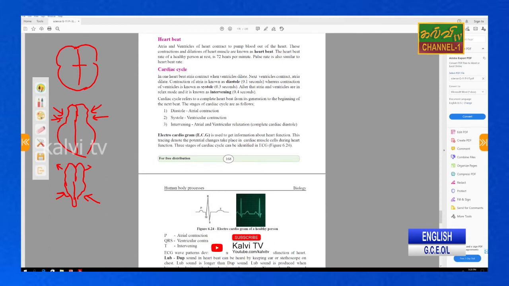So this is the atrium, this is the ventricle, this is the left atrium, this is the left ventricle. So here they have mentioned in one heartbeat atria contract when ventricles dilate. Atria contract while ventricles dilate.